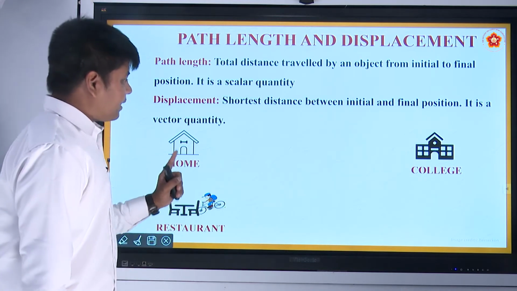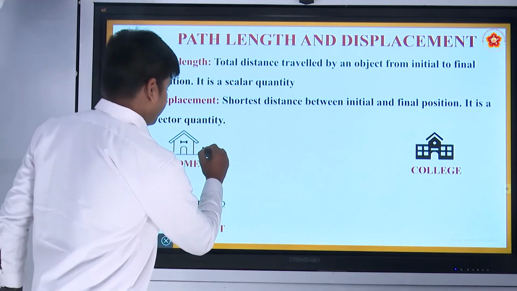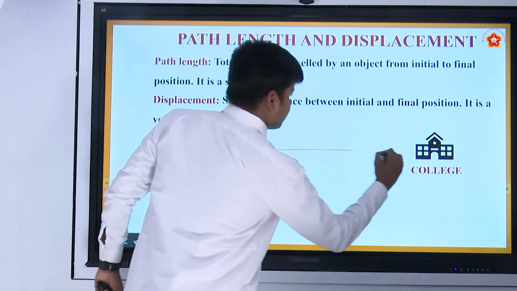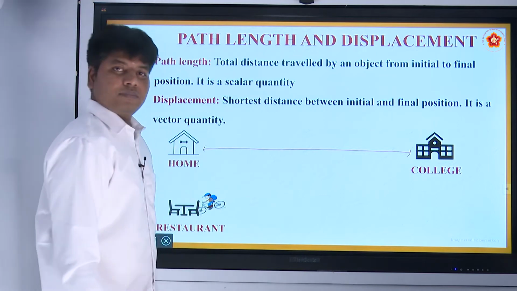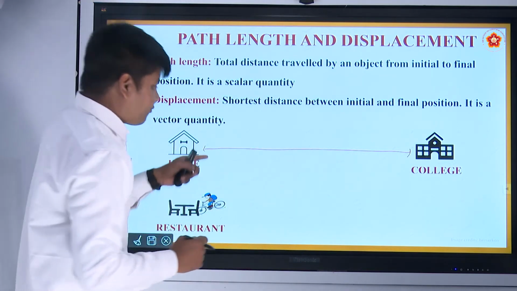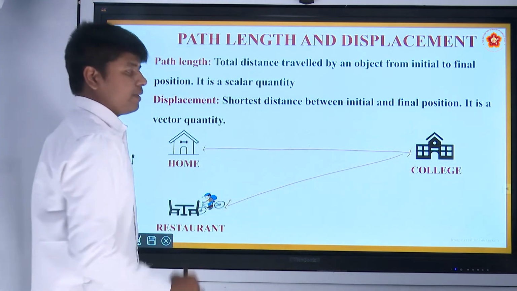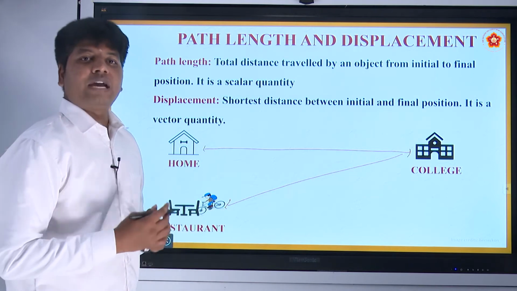What is the length of the path you took? First of all, you went from here to here. Some length you have traveled, and from college you took a path and came here. Some more length you have traveled.